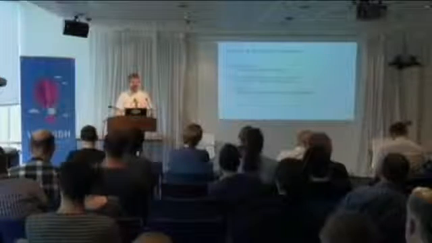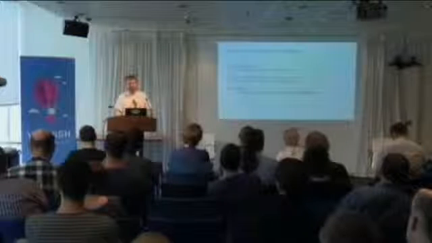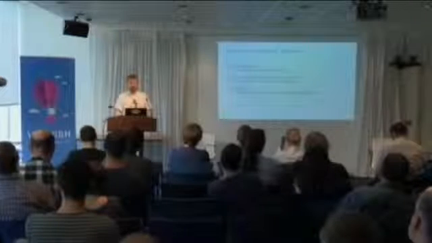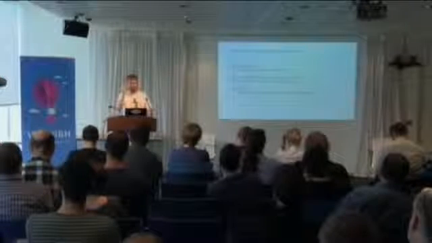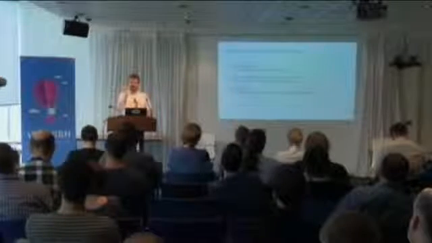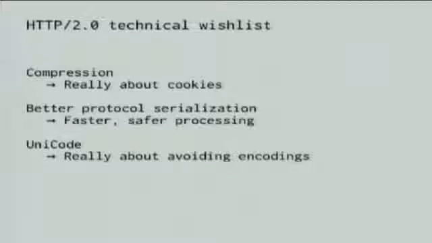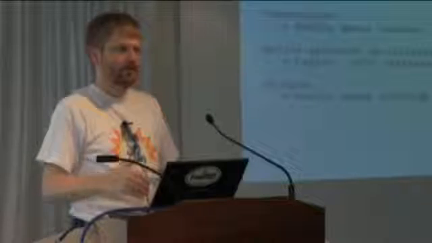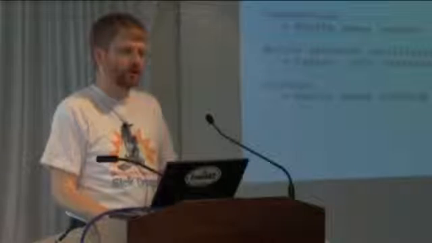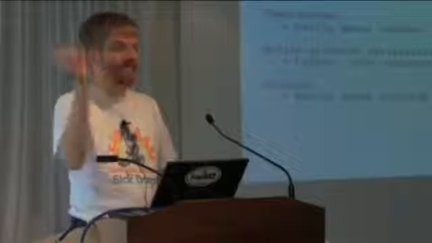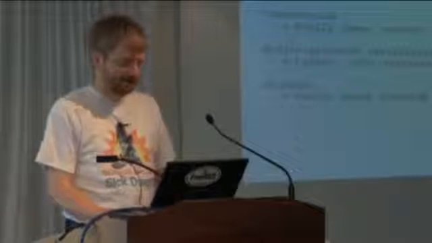It looks like the serialization step will probably go to an enumerated type, so that accept encoding becomes 7 and accept language becomes 8, and you have an integer field saying what header it is. And that would actually take care of that one, but then you can always add extension headers, and they may actually be in Unicode. So here's a header you've never heard about, and it's in Chinese. Good luck with that.